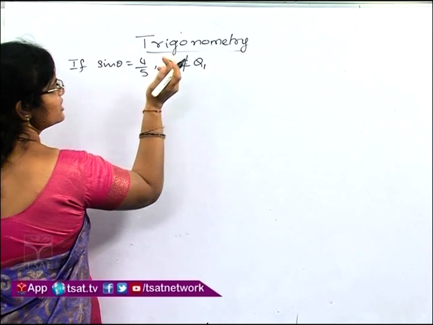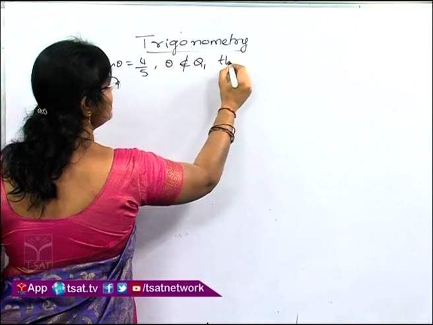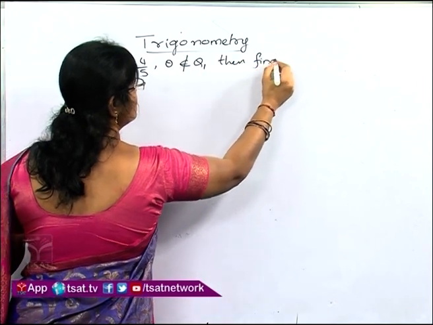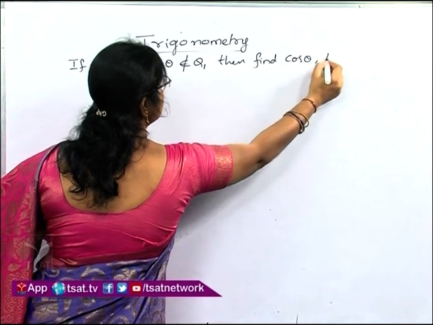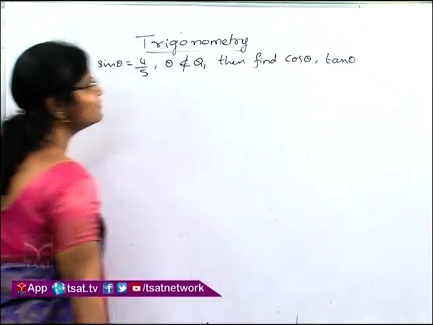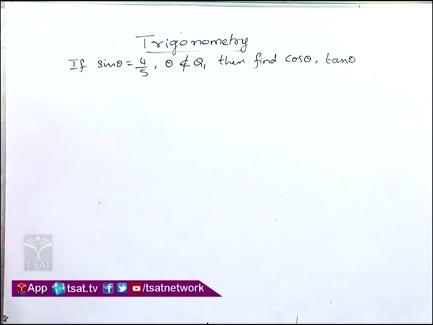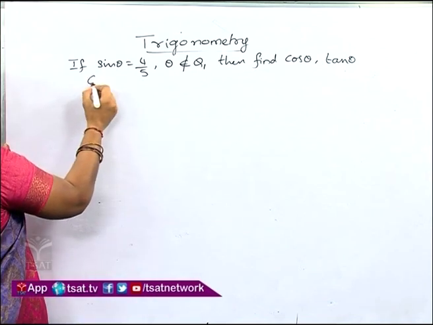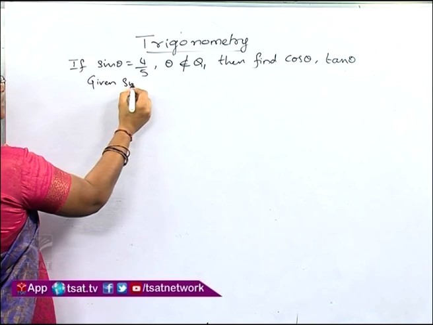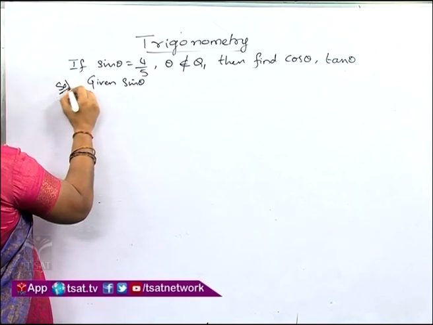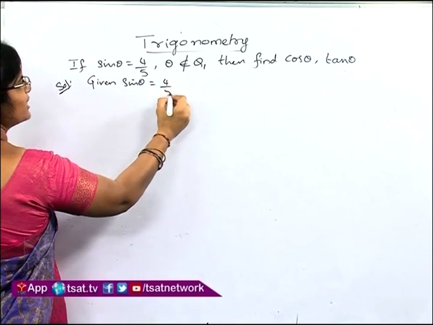So theta is not in the first quadrant, then find cos theta and tan theta. So we have to find both the values. Given what, children? Given sin theta equals 4 by 5.